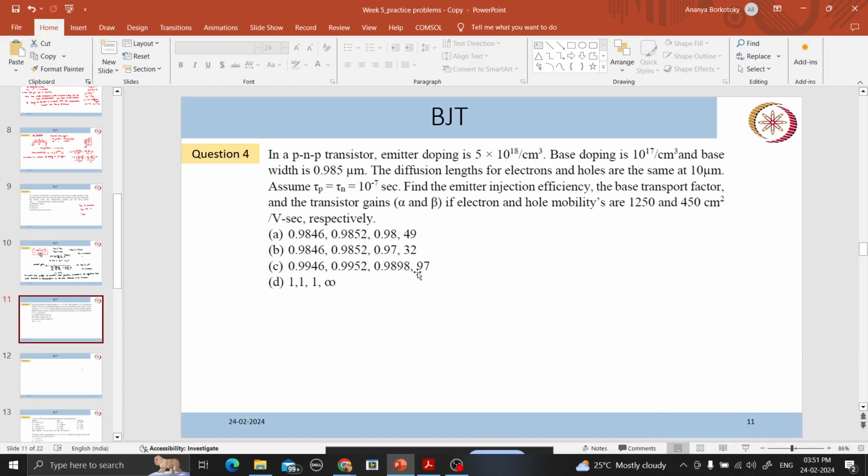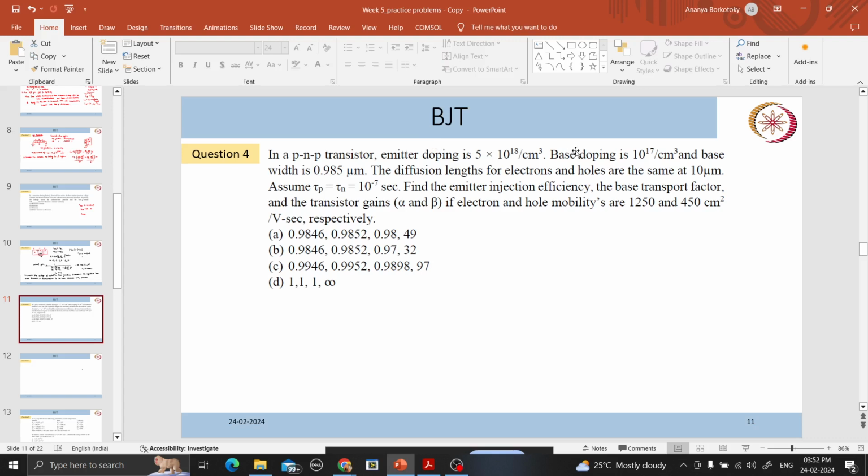Okay. This is a numerical. Next, go to the next question. In a PNP transistor, emitter doping is 5 into 10 to the power 18 per centimeter cube. Base doping is 10 to the power 17 per centimeter cube, and the base width is 0.985 micrometer. You can see the emitter doping is much more than base doping.